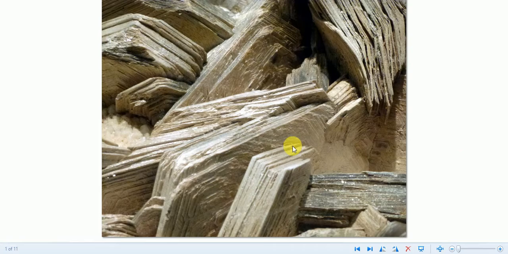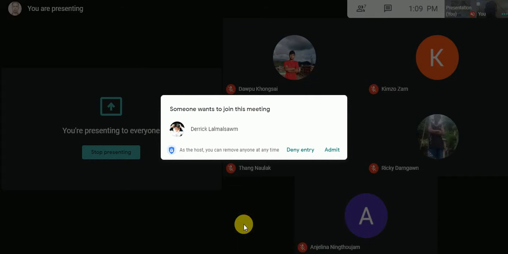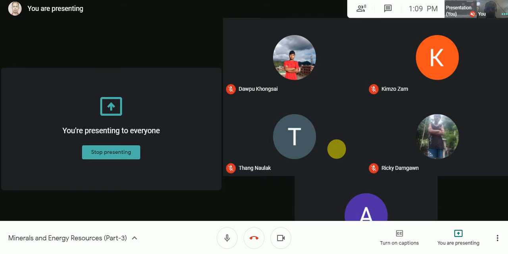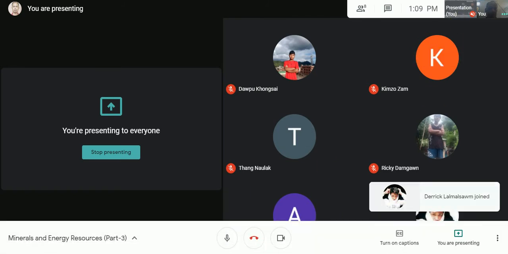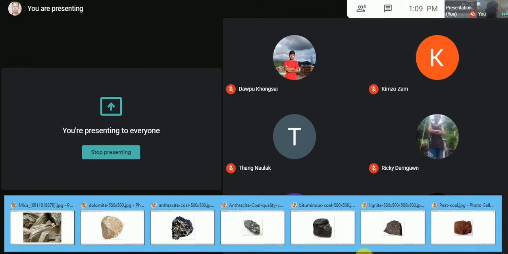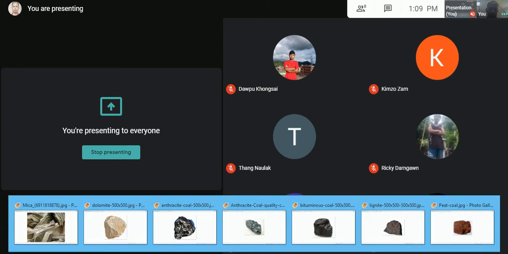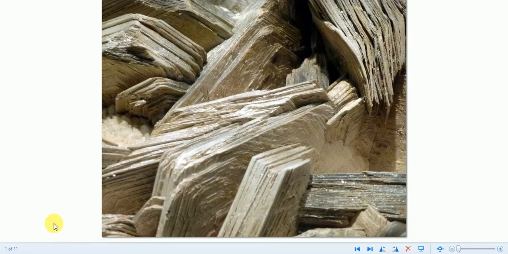I think you will be seeing very thin sheets, so this is mica, and you are seeing very thin sheets. Okay, let us read.